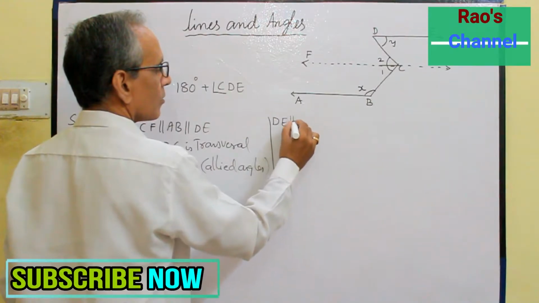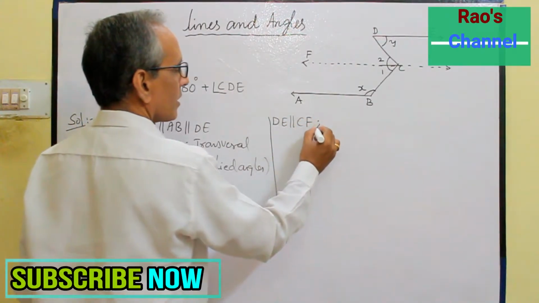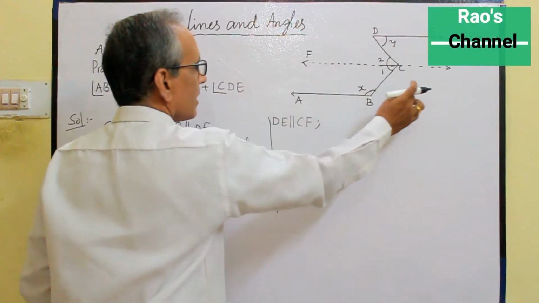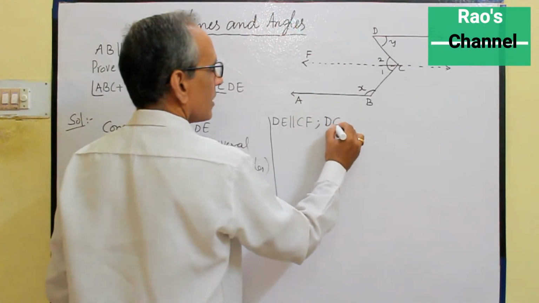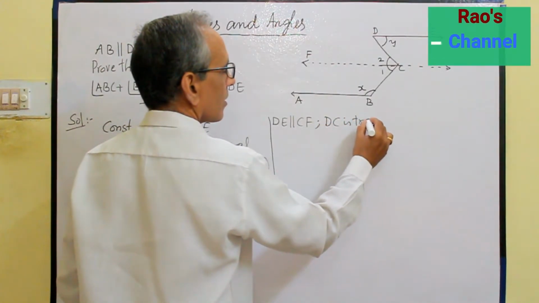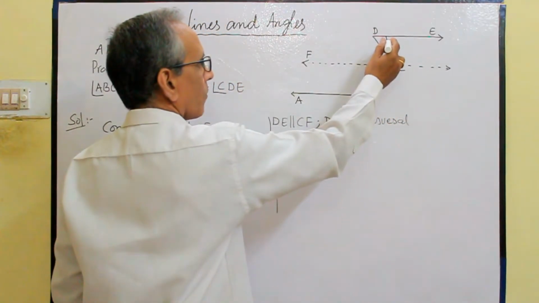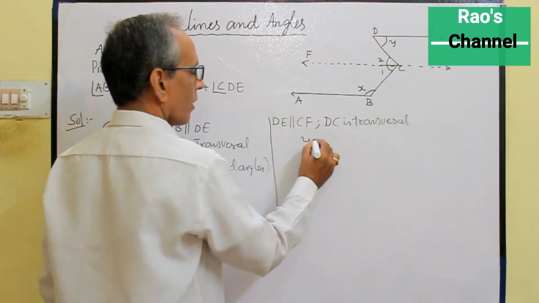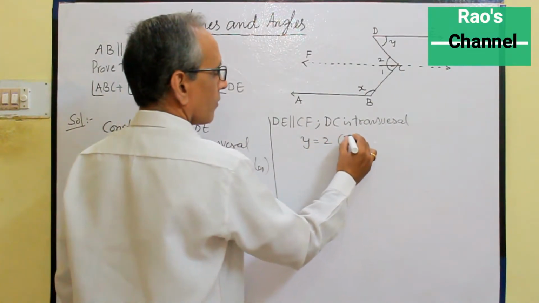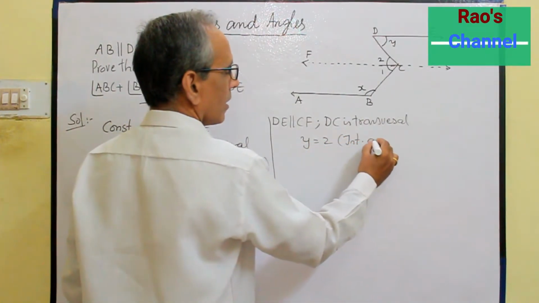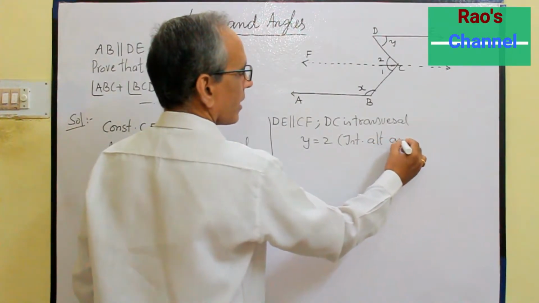DE is parallel to CF and what is the transversal? DC is the transversal. Then Y is equal to 2, because they form interior alternate angles.